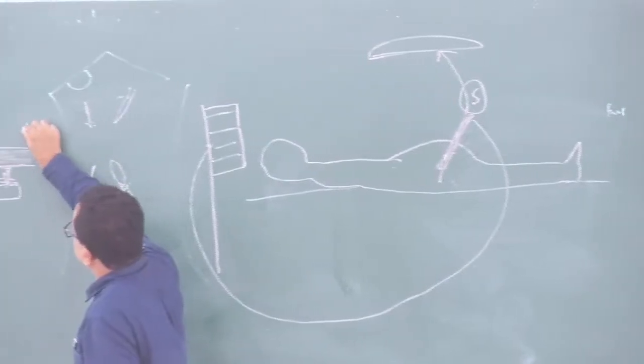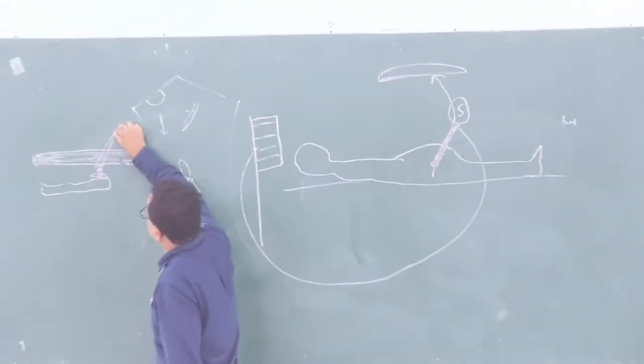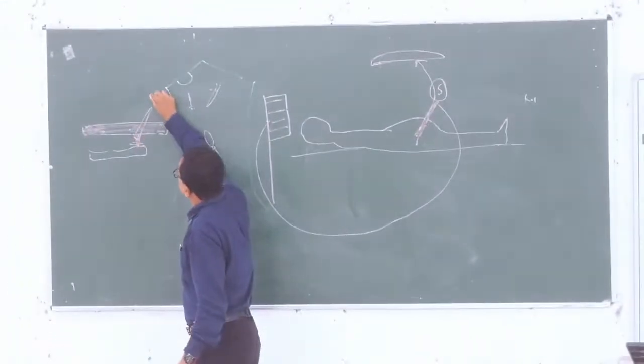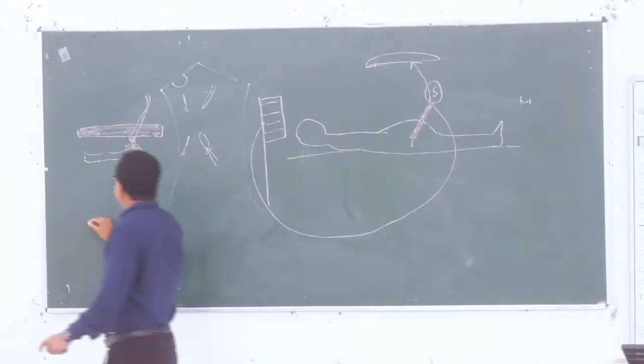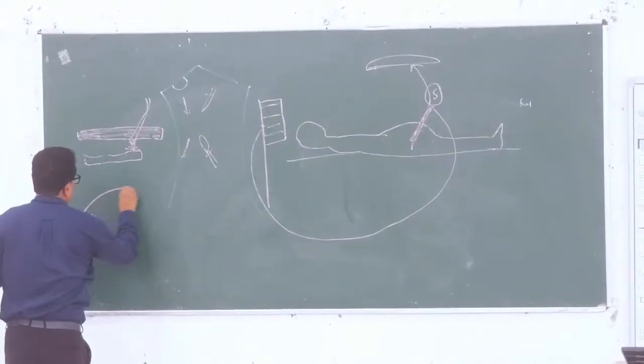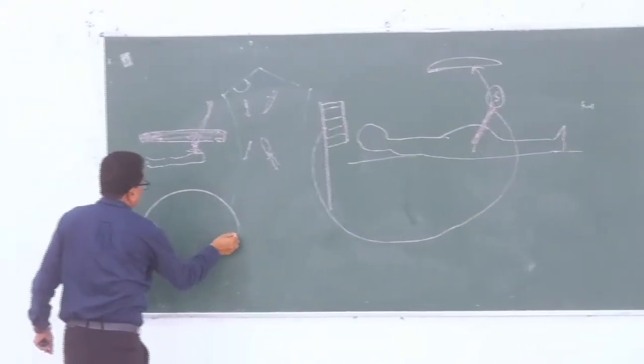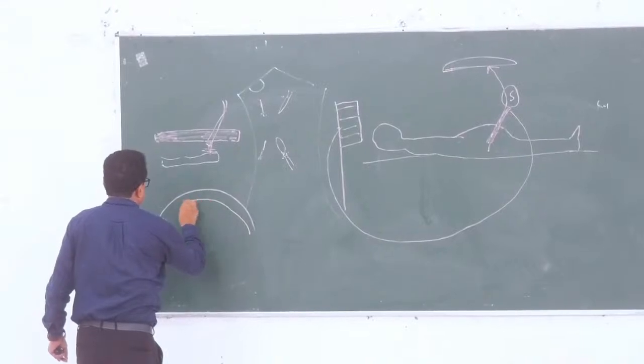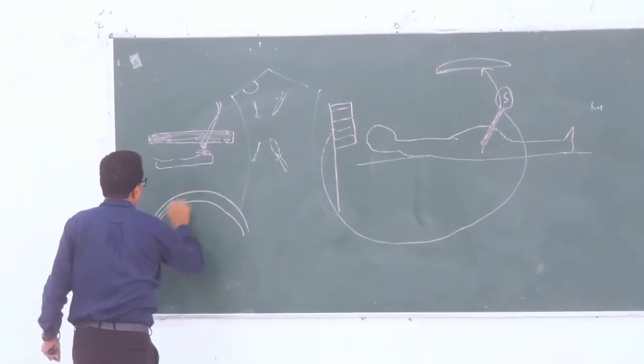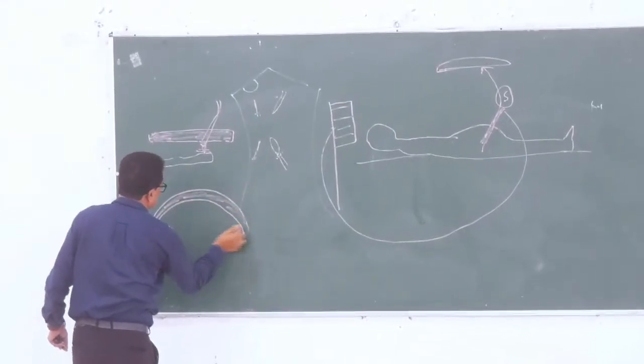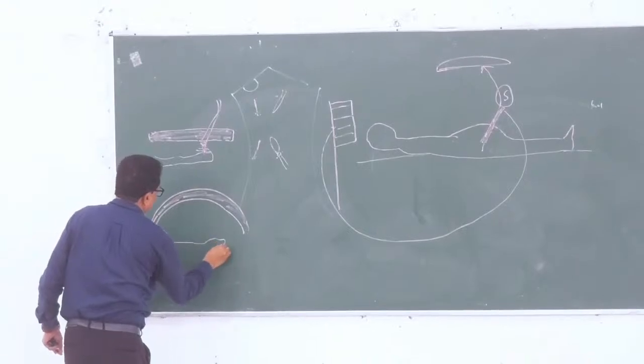If I blow air into it, suppose I made the port and then I am blowing air, then what will happen? The anterior abdominal wall becomes like this, and now here is the gut.